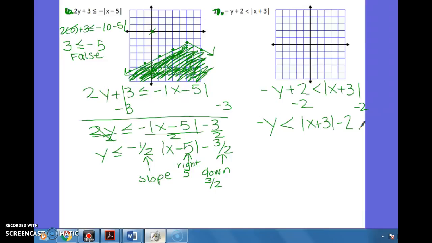So divide by negative 1. Y is now positive. What happens when you divide by negative? You flip the sign. So you get negative the absolute value of x plus 3 minus minus 2, so plus 2, because it's a minus and minus.